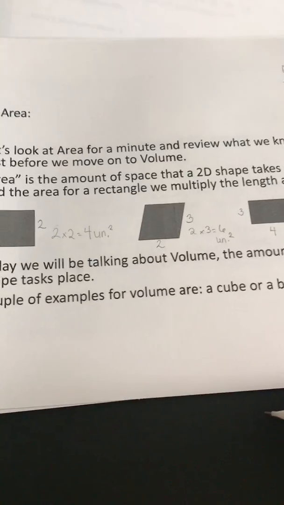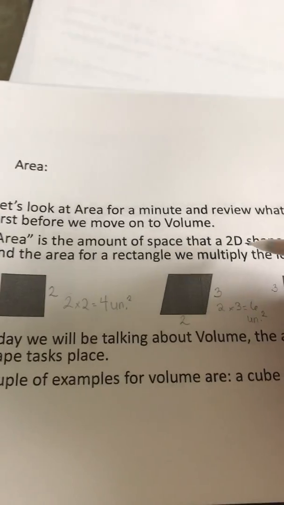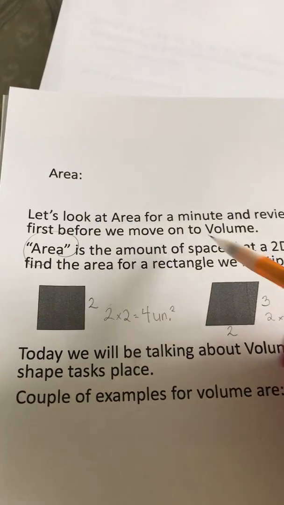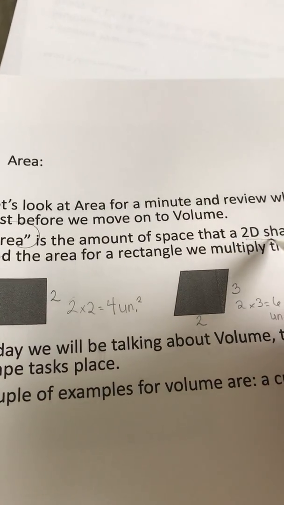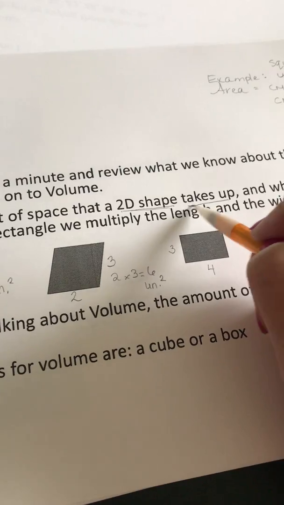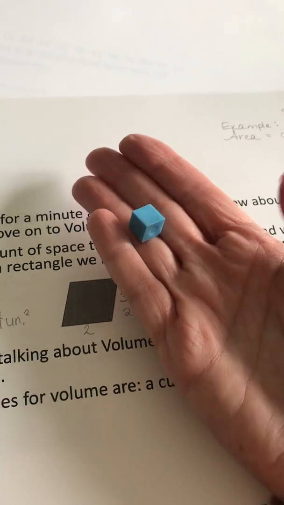So now, today we'll be talking about volume, the amount of space. That's a 3D shape, okay? Area, okay, is the amount of space that a 2D shape takes up, okay? Here's, in my hand, a cube.